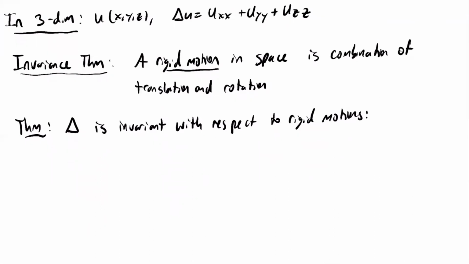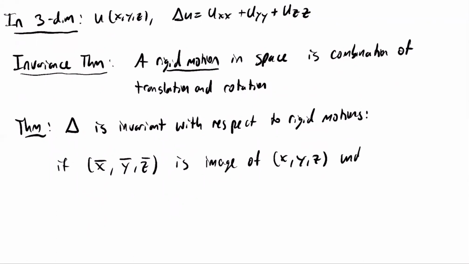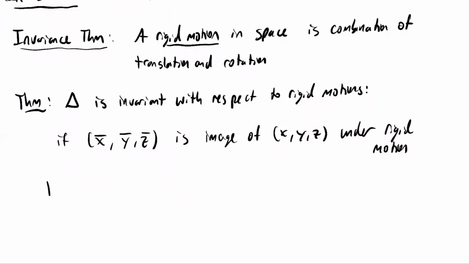Right, so in the following sense, if, say, x bar, y bar, and z bar is the image of the standard coordinates under a rigid motion, meaning a translation or rotation or some combination of the two, then we have a similar formula.